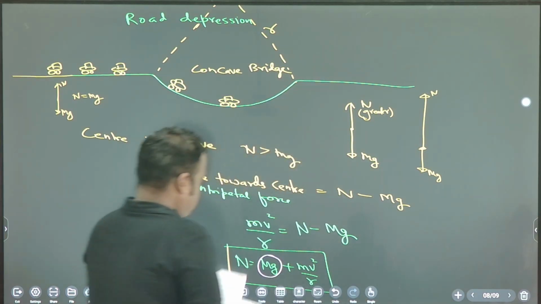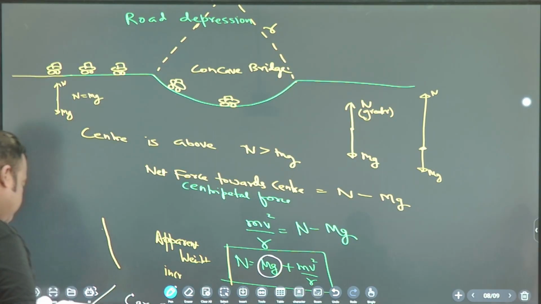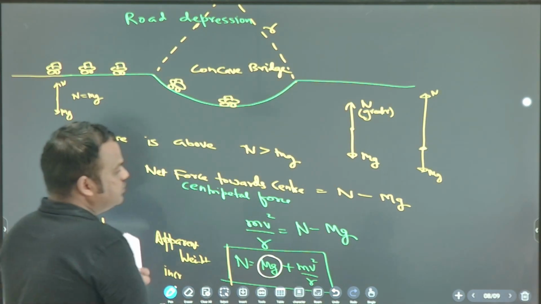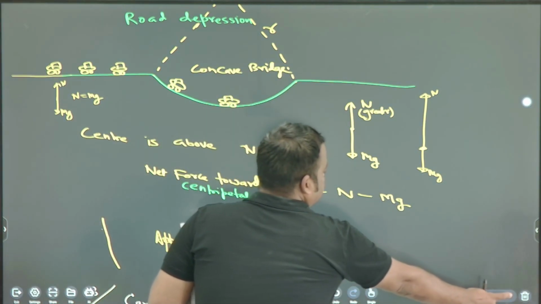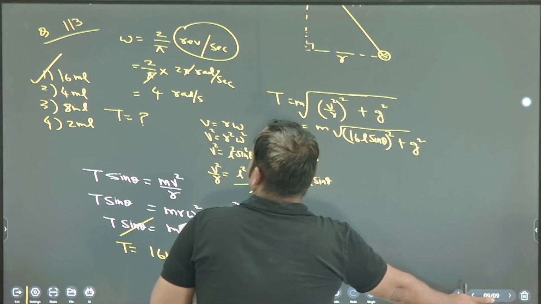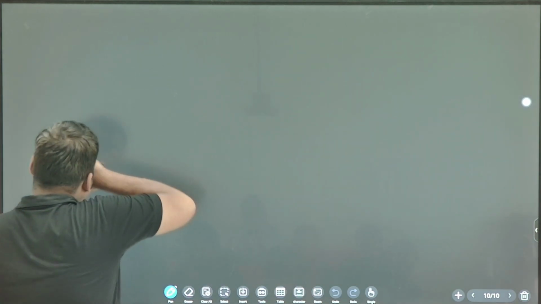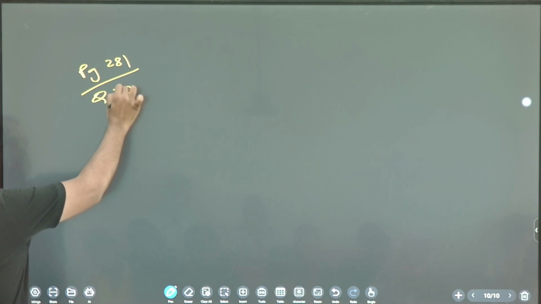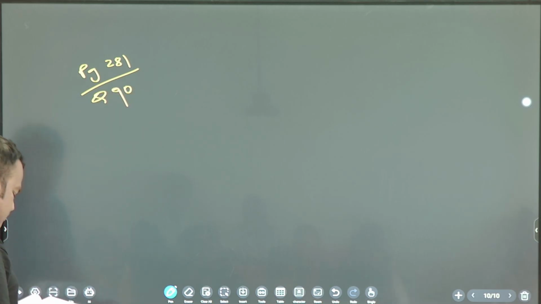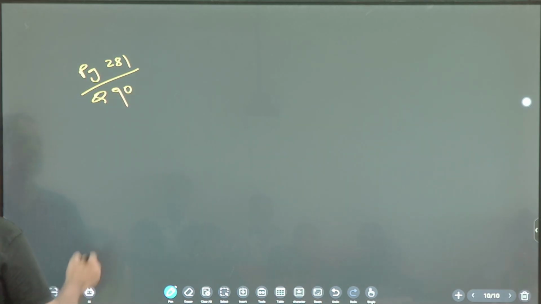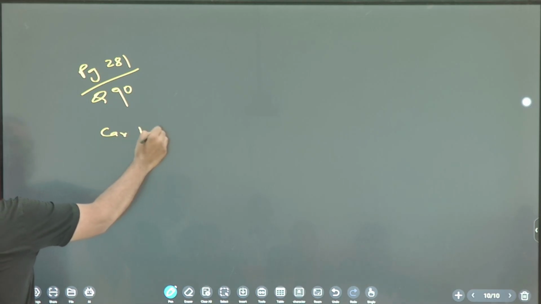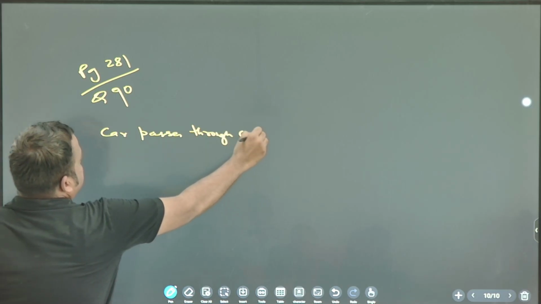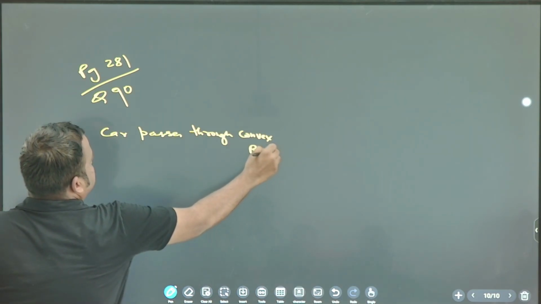So one question is there. Page 281, question 90. What is given? Car passes through convex bridge.